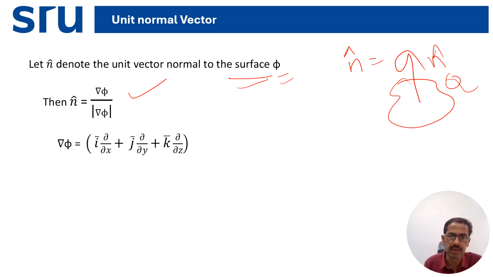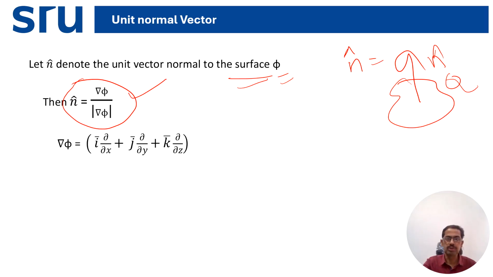Del phi is this, and the magnitude of del phi is already this. So this is the unit normal vector formula: del phi by magnitude of del phi.